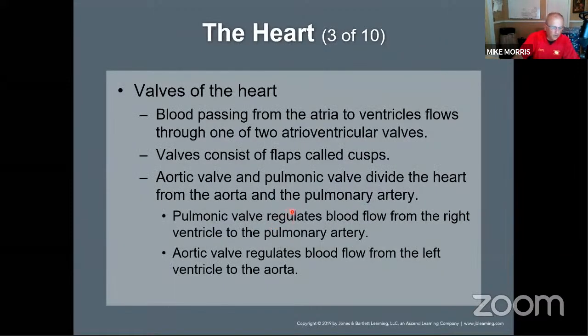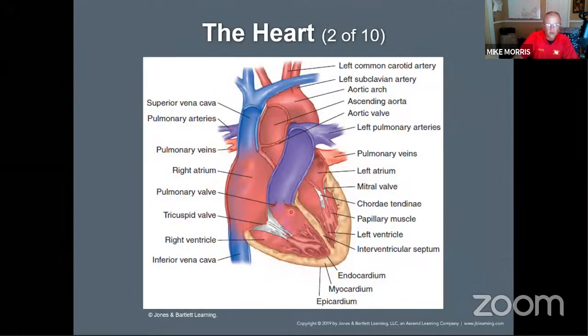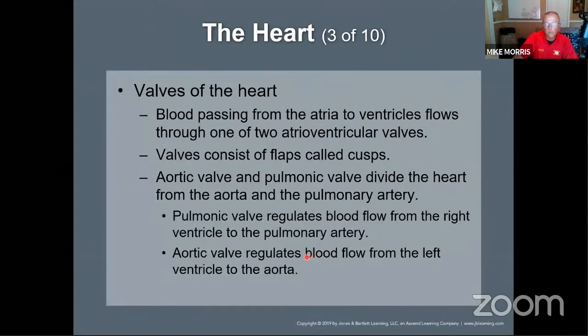We have the valves of the heart, obviously, right? We have the tricuspid valve right here, bicuspid valve right here. Try before you buy. These valves are actually held in place by the papillary muscles here. The valve flaps are called cusps.